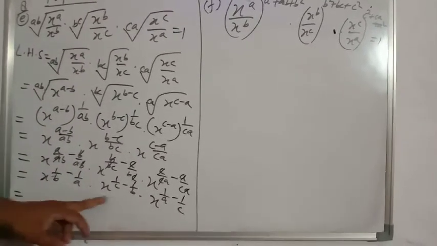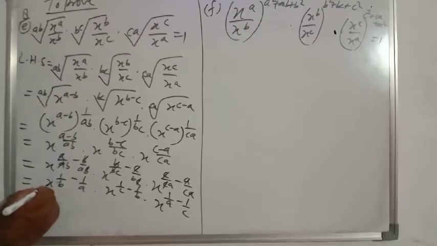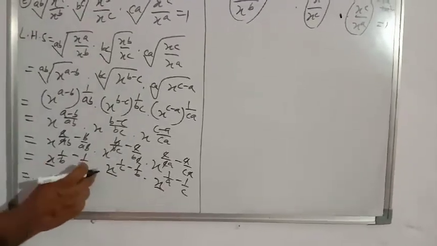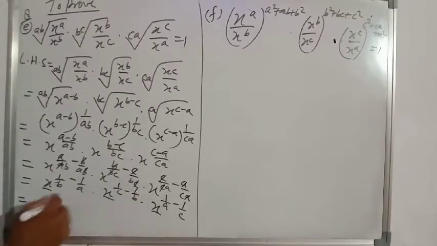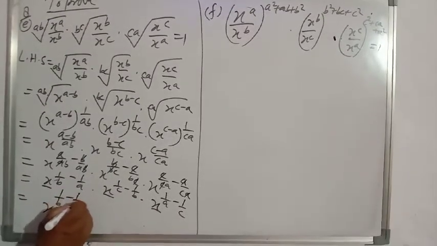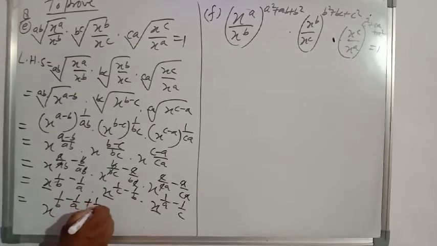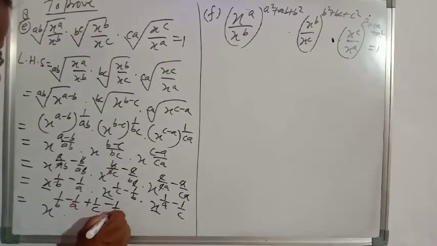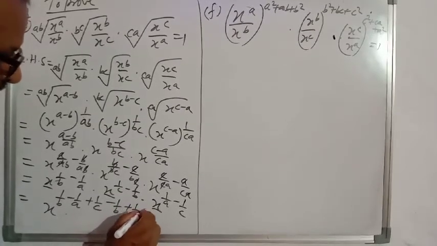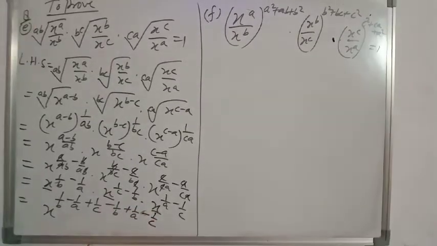Here we will use the product rule. The base x is the same, so when we multiply we add the powers. X to the power 1 by b minus 1 by a plus 1 by c minus 1 by b plus 1 by a minus 1 by c.